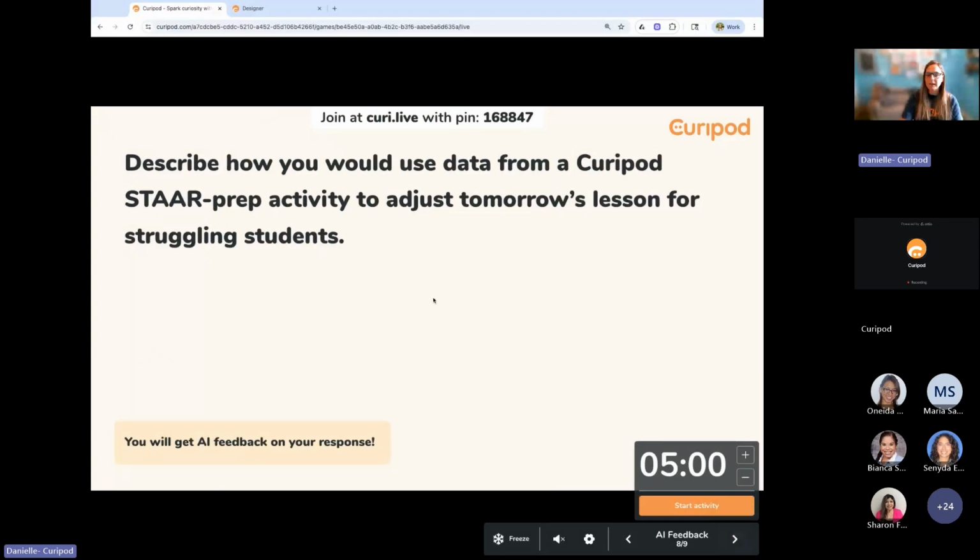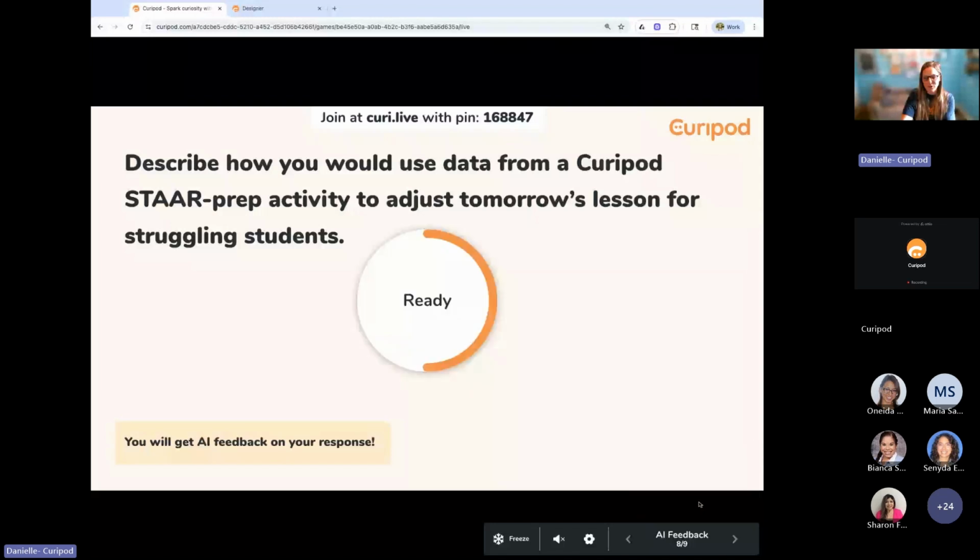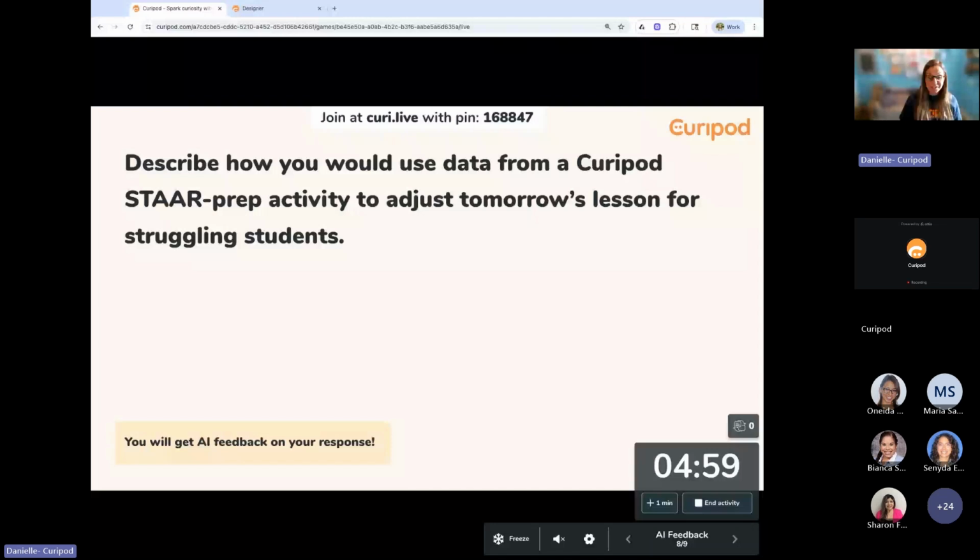So I am going to describe how you would use data from a Curipod STAAR prep activity to adjust tomorrow's lessons for struggling students. I'm going to test to see what you took from this particular presentation. This will also help me see if I lost anyone or had some gaps in what I was sharing.